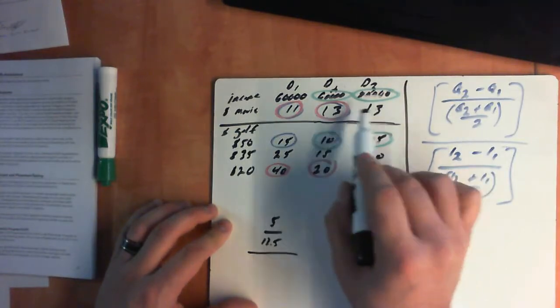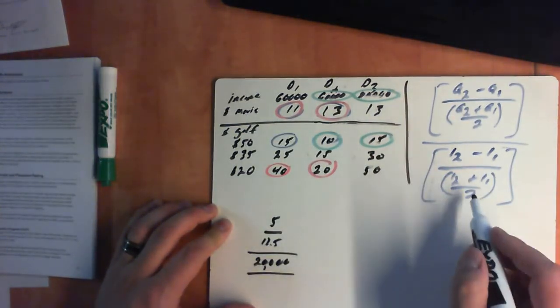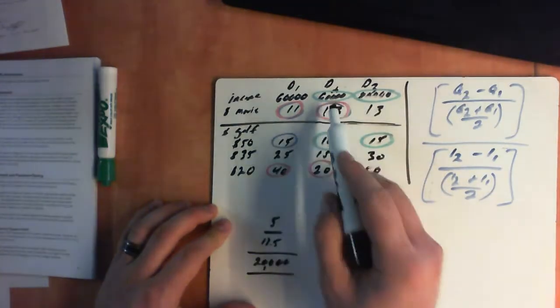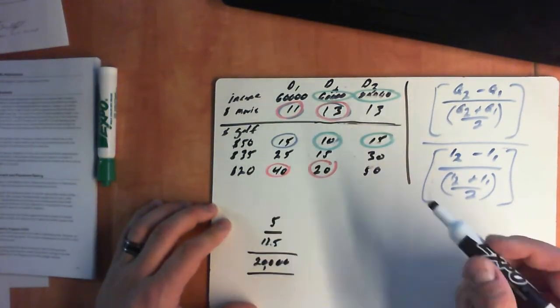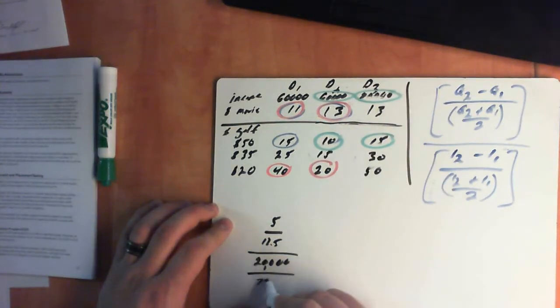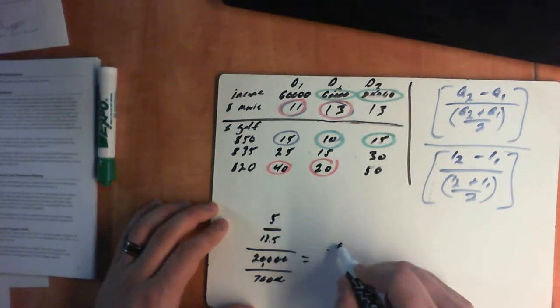I2 minus I1, 80 minus 60 is 20,000, divided by the average, which is I2 plus I1, 80 plus 60 divided by 2, 140 divided by 2, it's 70,000. This gives us 5 divided by 12.5, which is 0.4 again.